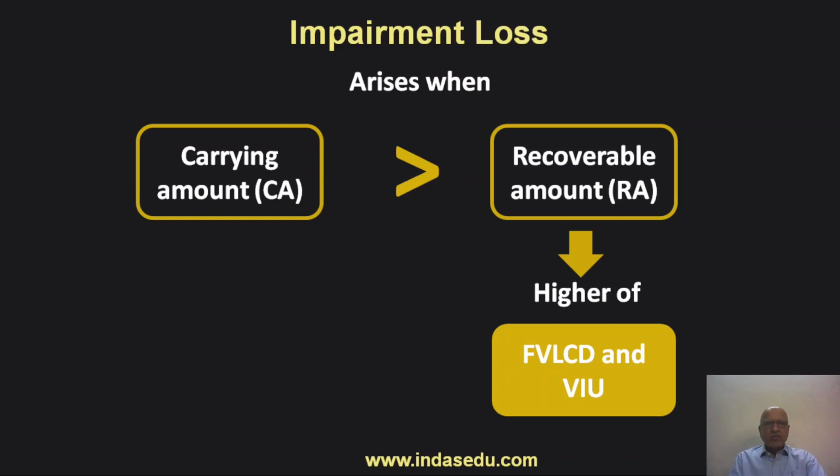Carrying amount of an asset is the amount at which an asset is recognized after deducting accumulated depreciation and accumulated impairment losses thereon. What is recoverable amount? Higher of fair value less cost of disposal and value in use.